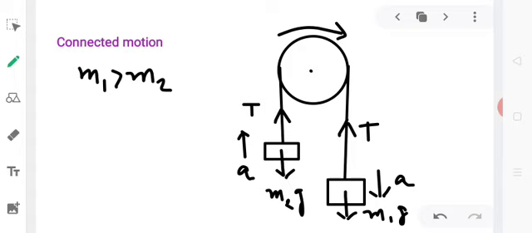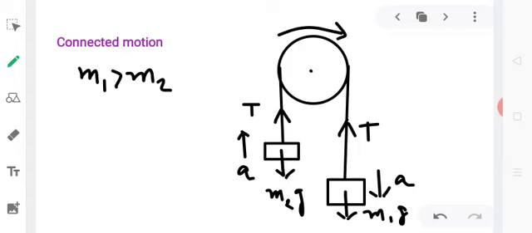So, the heavier body will move downwards and the lighter body will move upwards. Let a be the common acceleration of the system of two bodies. Since the pulley is light and frictionless, therefore the tension in the string shall be the same on both the sides of the pulley.